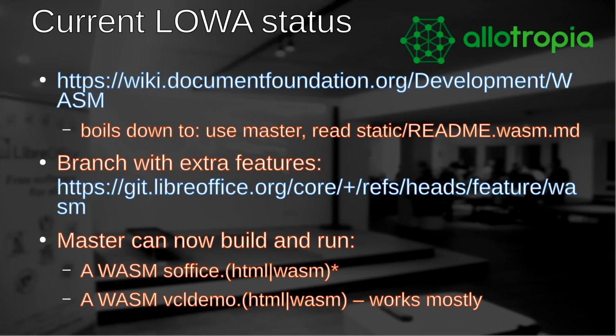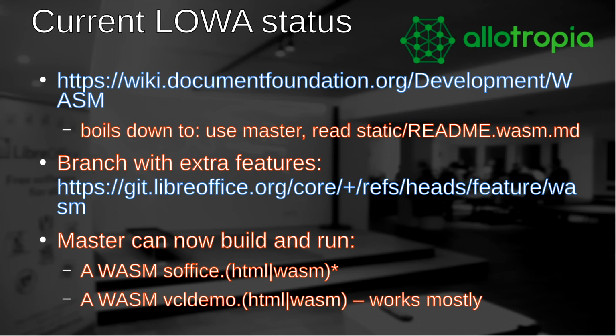So where we are now is on the LibreOffice master repository. You can actually build that and run that. There's some README there. When you check out the code, under static README WASM, there is a how-to to set your development environment up.